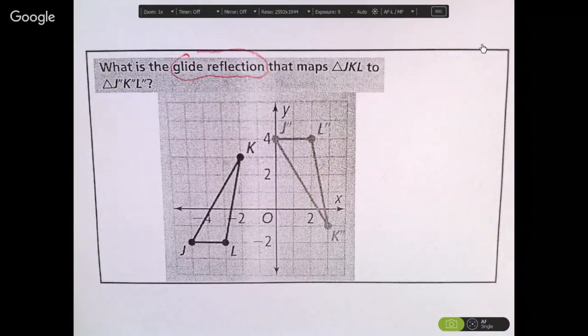So glide reflection does not include rotations. Okay? And let me tell you, rotations are the hardest ones to predict where it's going, right? So if I go 34 degrees, it's going to be so hard for you to find 34 degrees. You're going to have to get all kinds of tools out and stuff, okay? So in other words, we need a reflection and a translation to get the first shape onto the second.